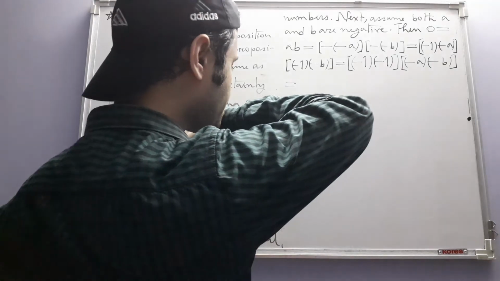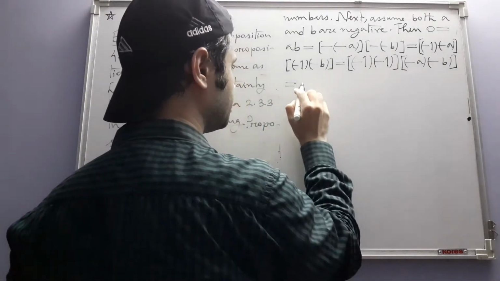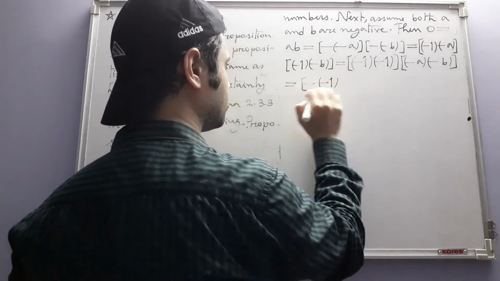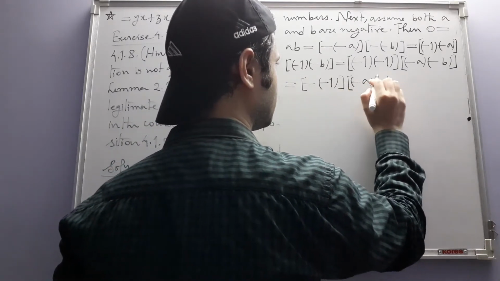Then apply exercise 3 once more here. That gives us minus of 1, minus b.